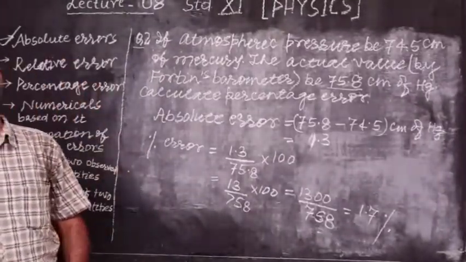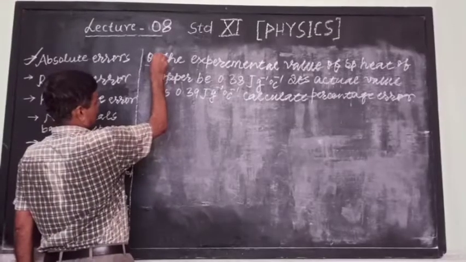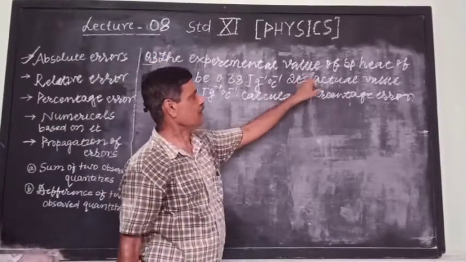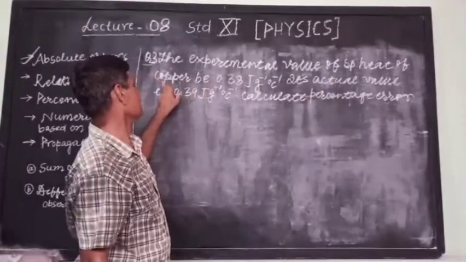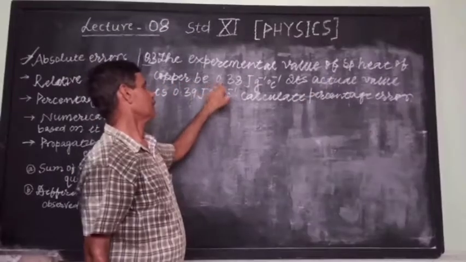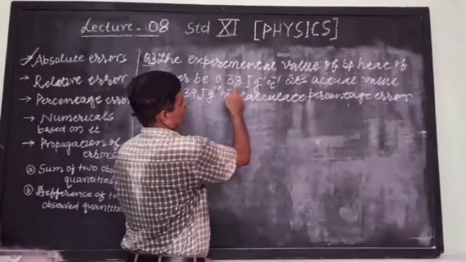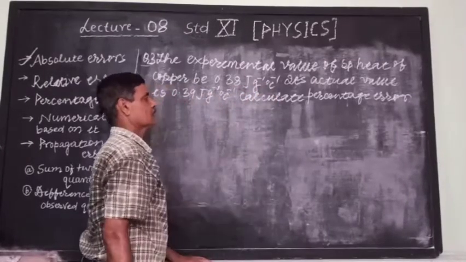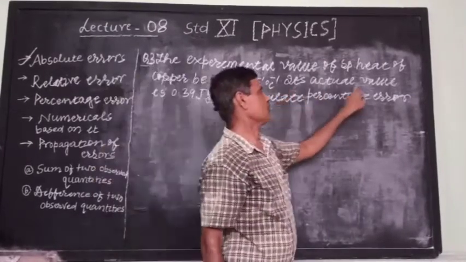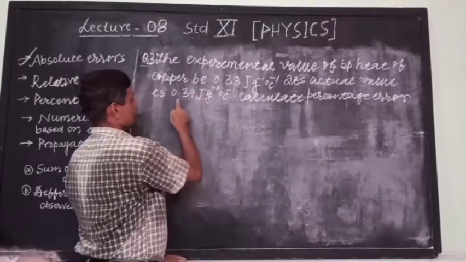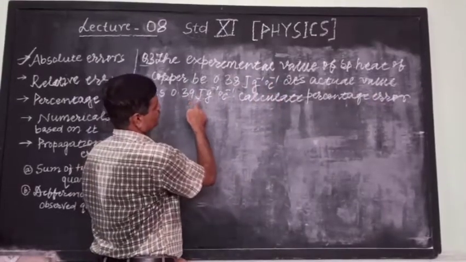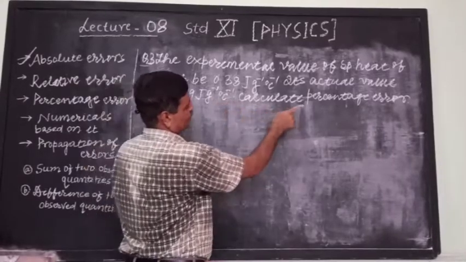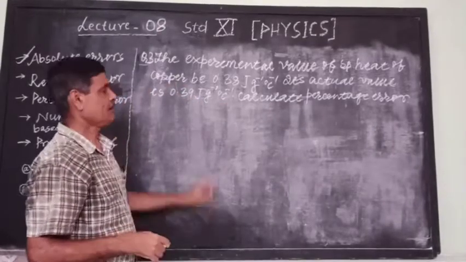Okay, let us take your example number 3. The experimental value of a specific heat of copper be 0.38 joule per gram per degree C. Its actual value is 0.39 joule per gram per degree C. Calculate percentage error.